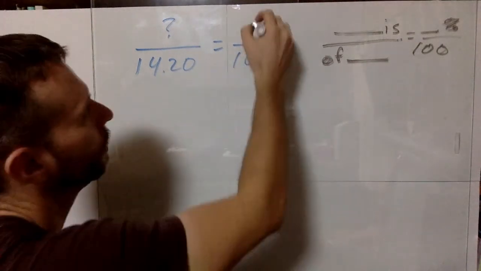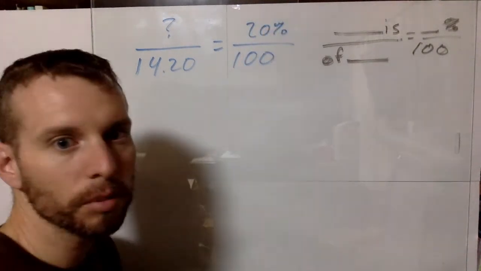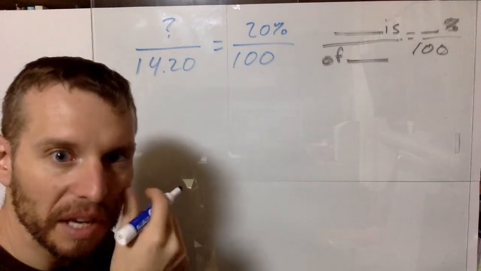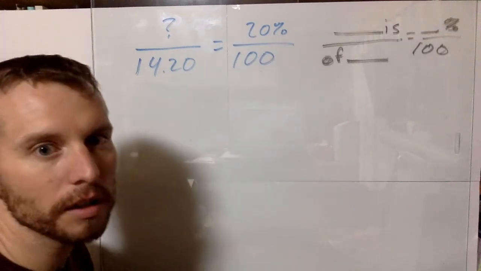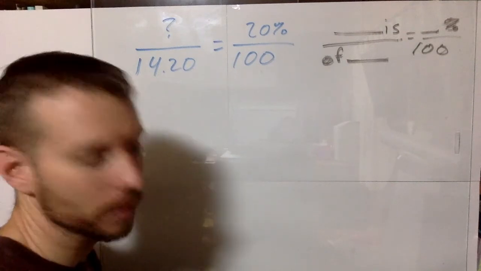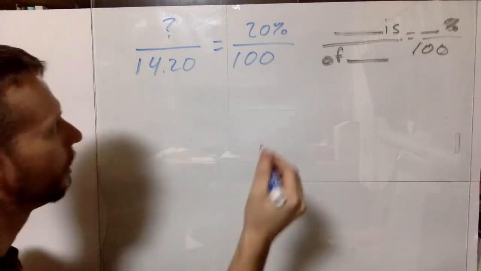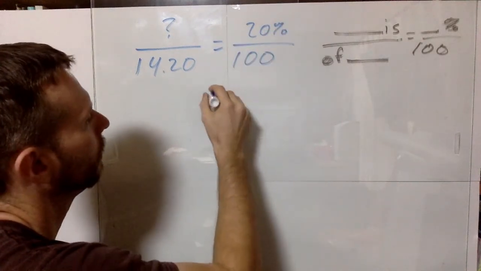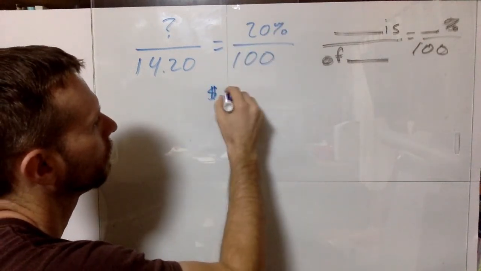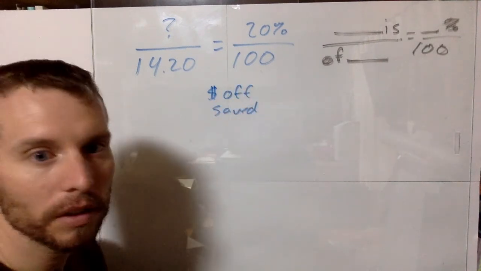You could put 20% in here, and if you do that, then you're going to get the price that it's reduced by or discounted by. So if you do this, you're going to get the dollars off or dollars saved, right?